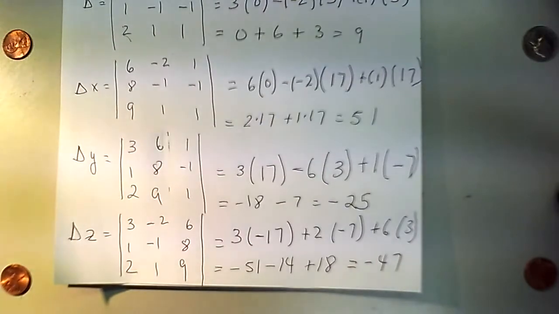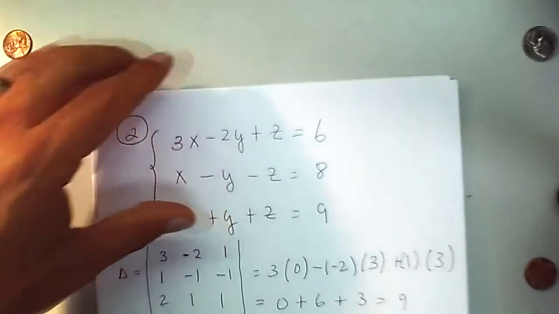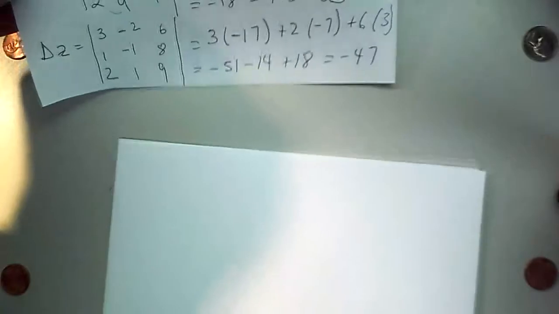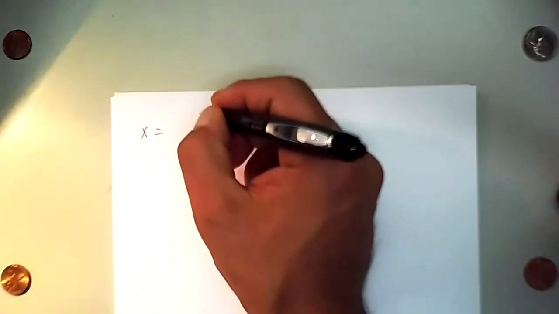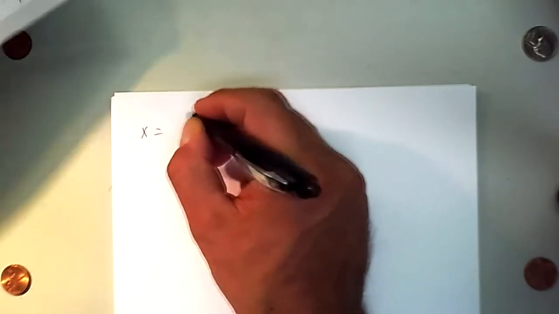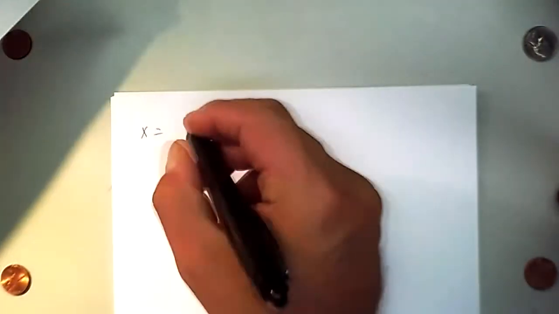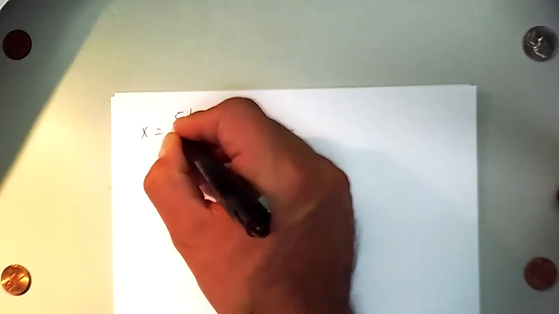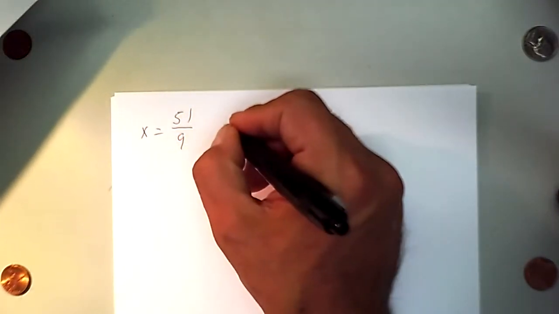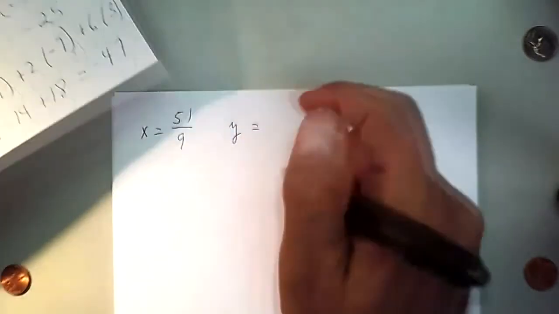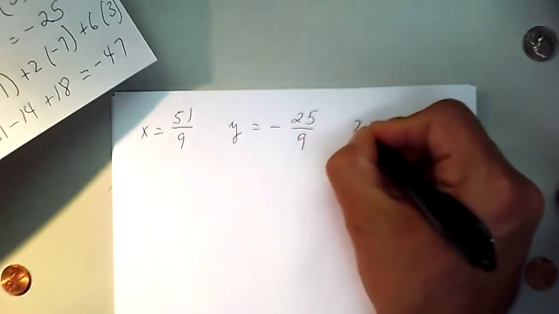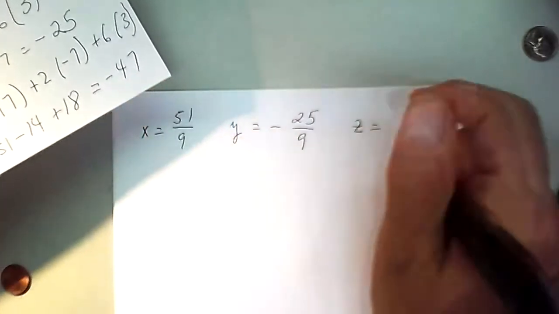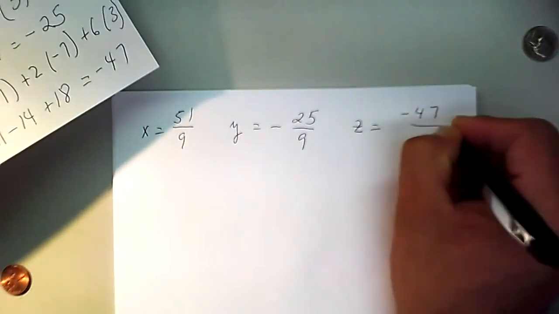Okay, I'm not going to give the final answer yet because I want to double check. So this is sort of the final answer. X is 51 over 9. I know that that's simplified, but I'm not going to give it as a final answer yet because we're going to double check. Y will be negative 25 over 9, and Z negative 47 over 9.